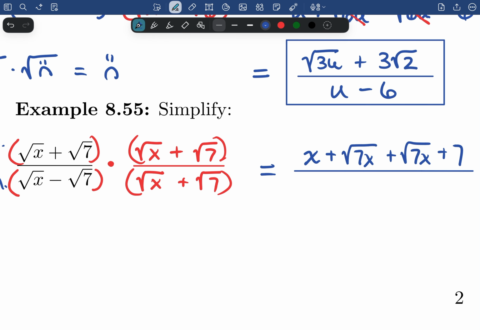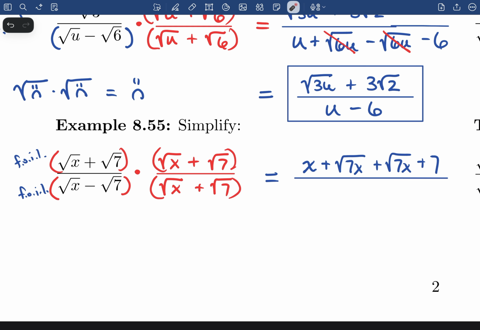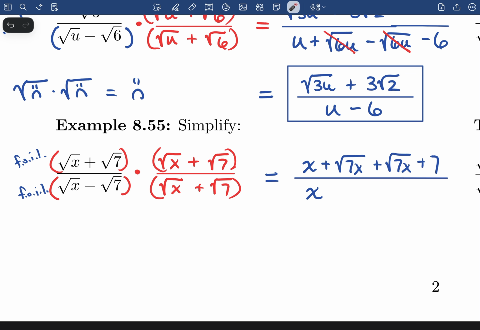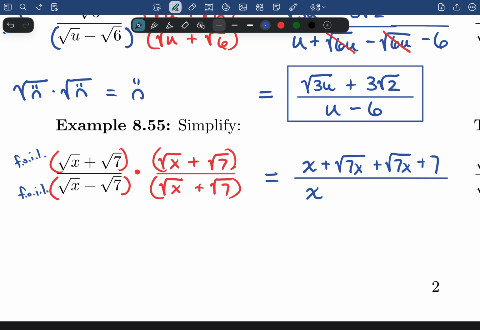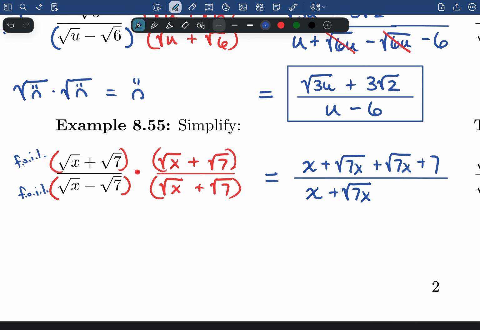Cool, let's look at the denominator, and let's FOIL the denominator binomials, right? So root x times root x, x. Root x times root 7 is positive root 7x. Okay, now inner terms. Negative root 7 times root x is negative root 7x.